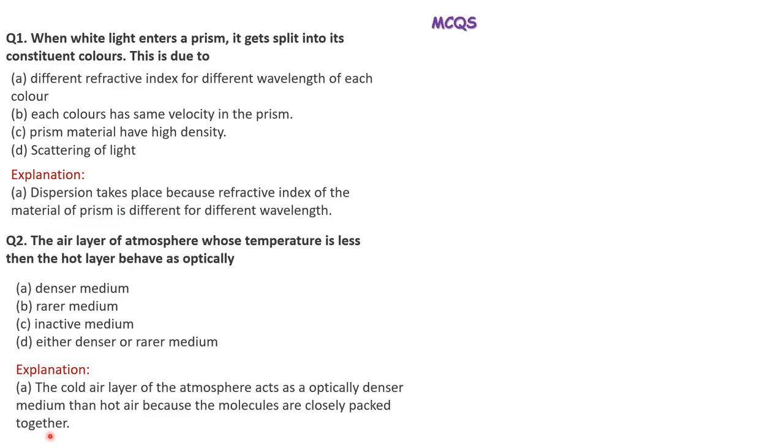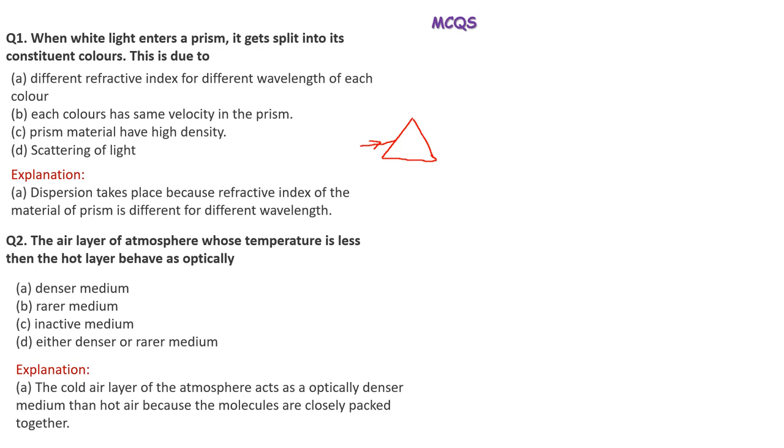Let me draw and explain to you. Here, if I allow a white light to pass through the prism, this is a triangular prism. The white light is constituted of 7 colors, and all these 7 colors travel with the same speed in air, that is 3 x 10^8 meters per second.